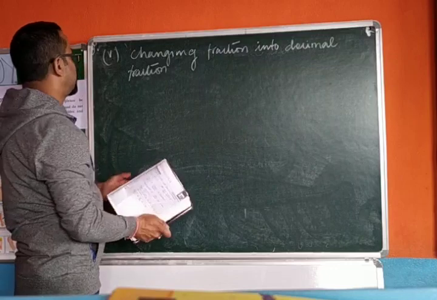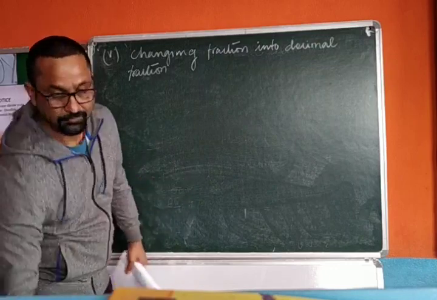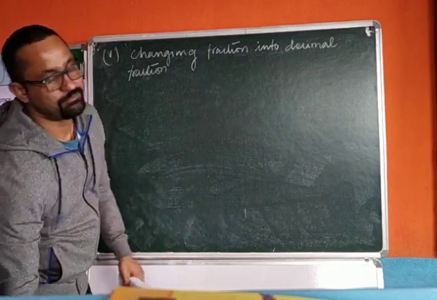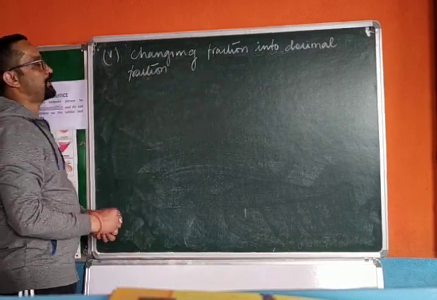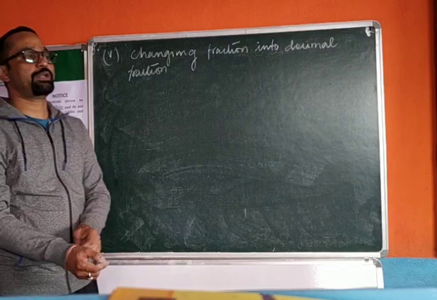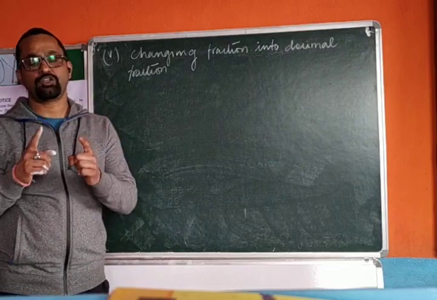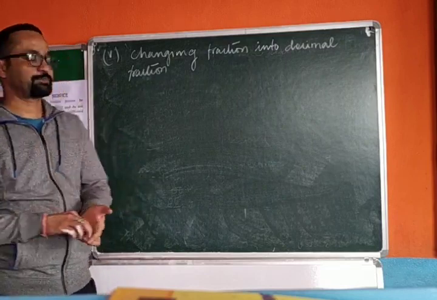I think I did this type 5. Okay, I'll give you an example, no problem. Changing fraction into decimal when the denominator is 10, 100, 1000 and so on.